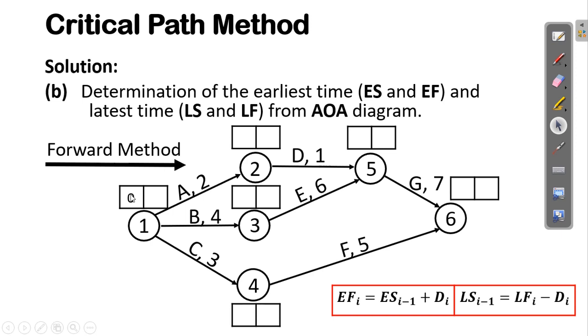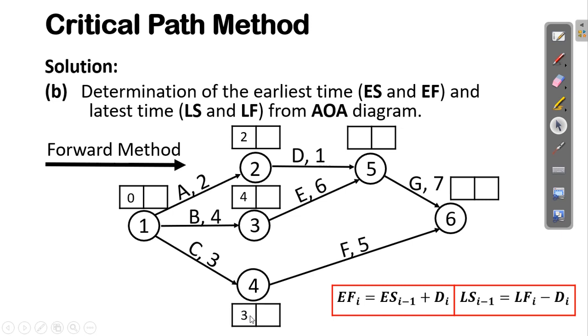That means 0 plus 2, and we have the early finish time of activity A, which is 2. Also for activity B, its early finish time will be the early start time at node 1 plus the duration, which is 4, so we have 4. And the early finish time of activity C will be 0 plus 3, which is 3 here.